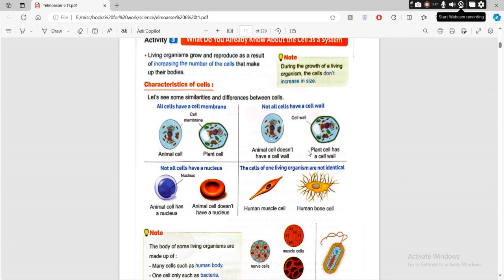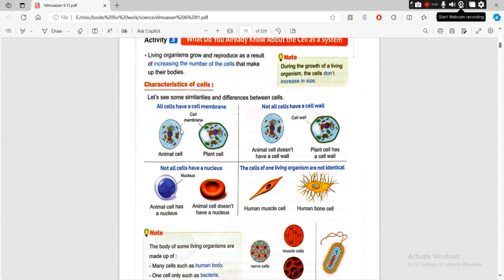Now let's talk about something important for everything new that we learn, which is the characteristics of cells. Well, they have four main characteristics. Number one, all cells have a cell membrane.